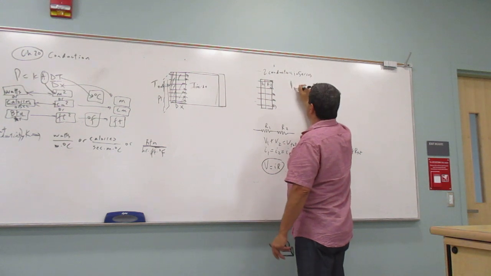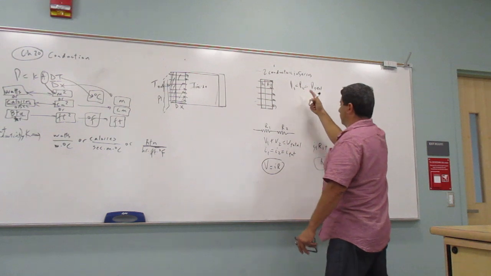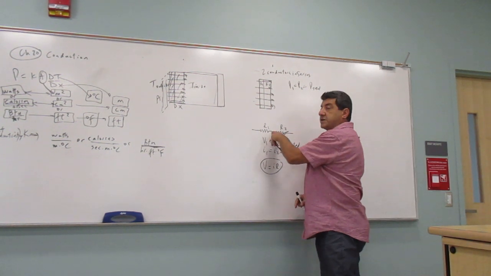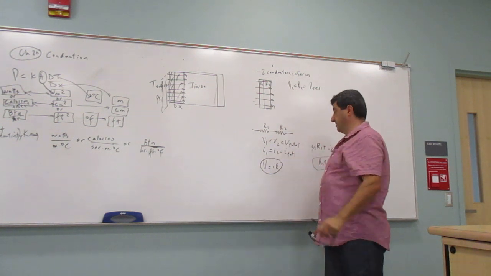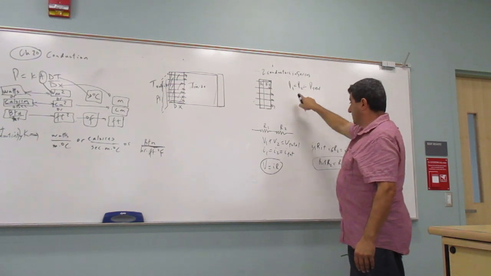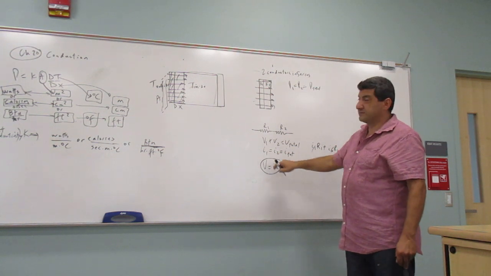So P1 is equal to P2, which is equal to P total. That's like saying the current is the same. Whatever current flows through here cannot just stop here, it has to also flow through there. So heat power behaves like electrical current in that sense.